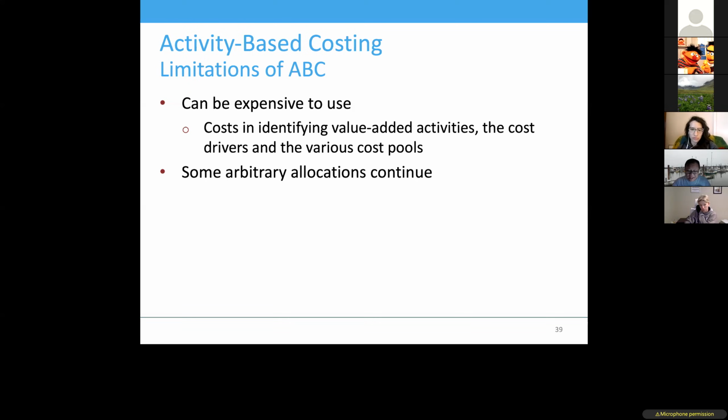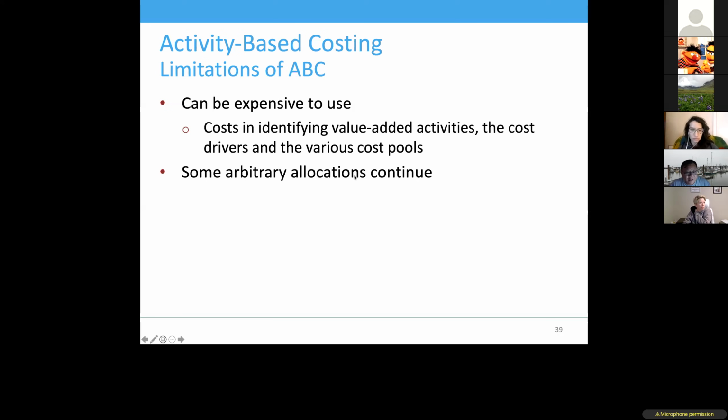And then the different levels: maybe product level, batch level, unit level, and factory level. And you want to figure out what is value added and non-value added. Depending on how big the business is, this may take a lot of time. There's a cost. Maybe you have to hire some consultants to do this for you, if the manager cannot do it on their own, okay?